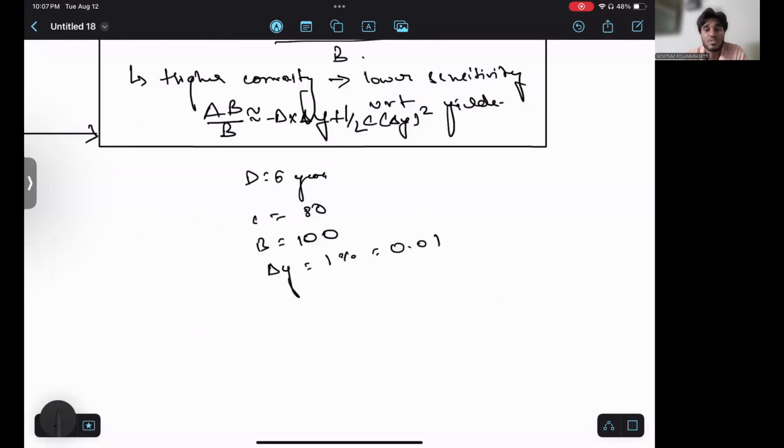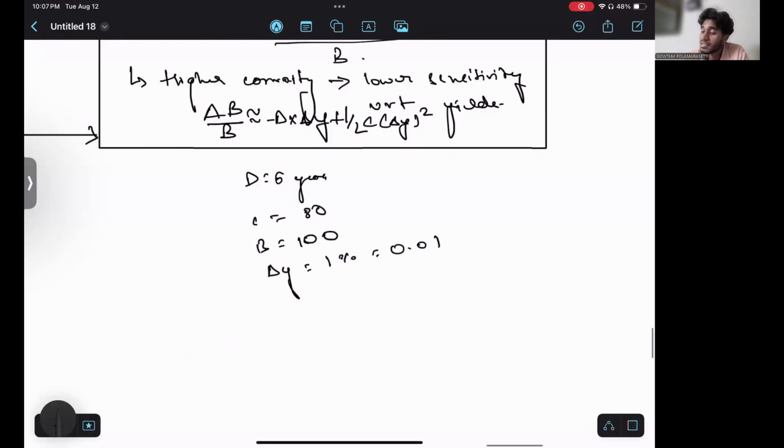Now, the formula for approximate percentage price change with respect to duration is delta B by B, approximately equal to minus D into delta y, which is approximately minus 5 into 0.01, which is minus 5%.